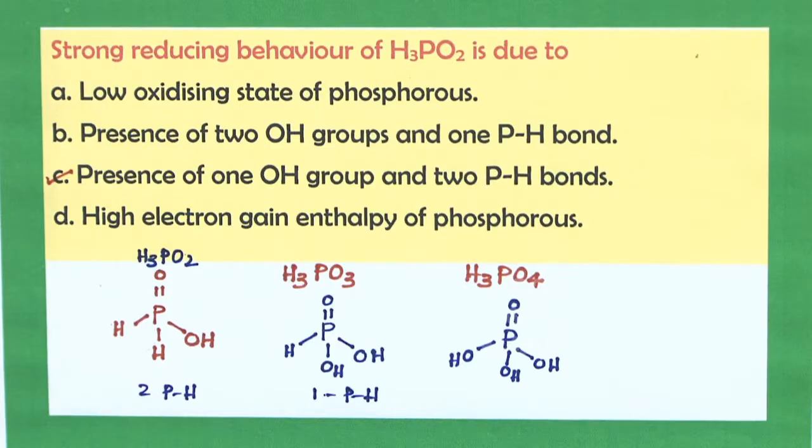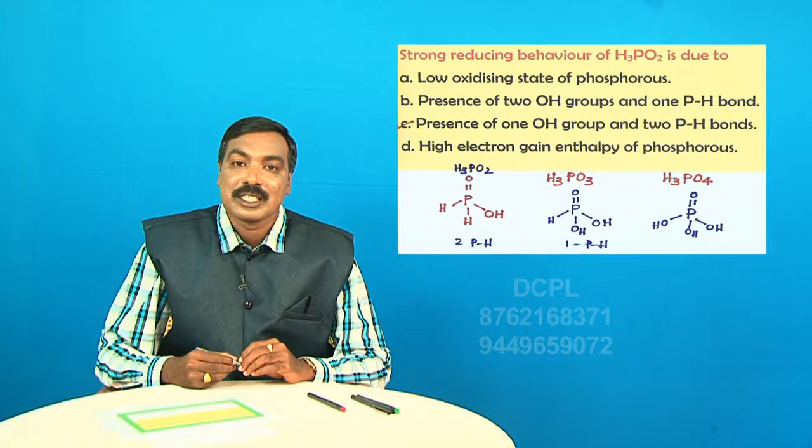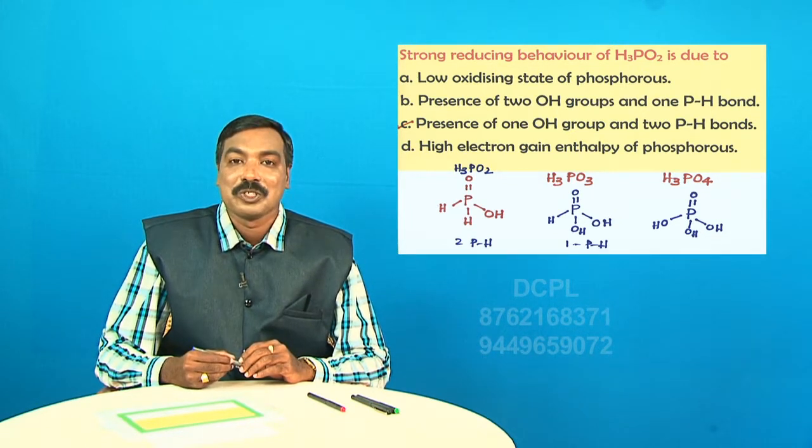Thereby, I can say H3PO2 is a strong reducing agent, while H3PO3 is next to H3PO2. H3PO4 cannot act as a reducing agent because it doesn't have the P-H bond. Hope you have understood this concept.